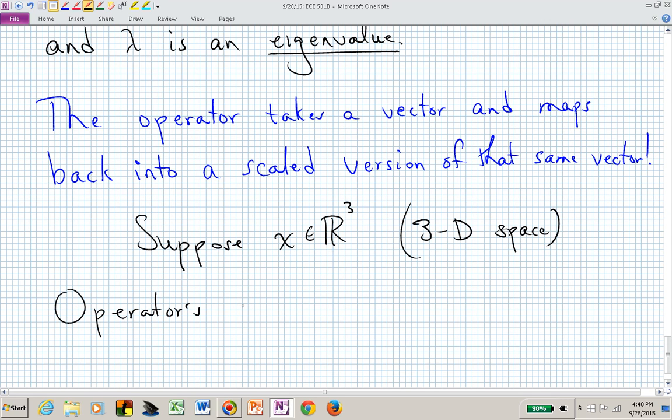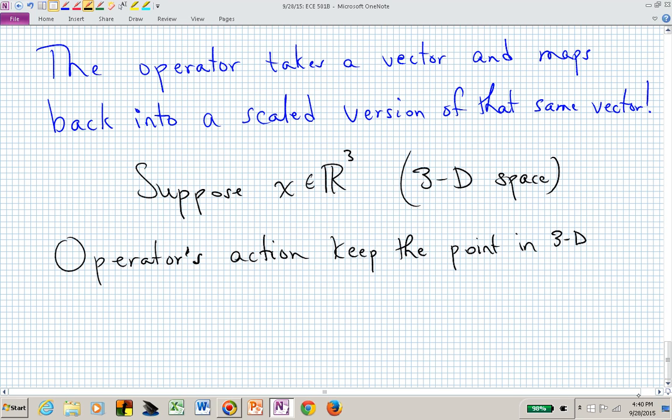The operator's action, or the result of mapping x through that operator A, keeps the original point in 3D. The original point is this vector x. You can say, here's x in this three-dimensional space.